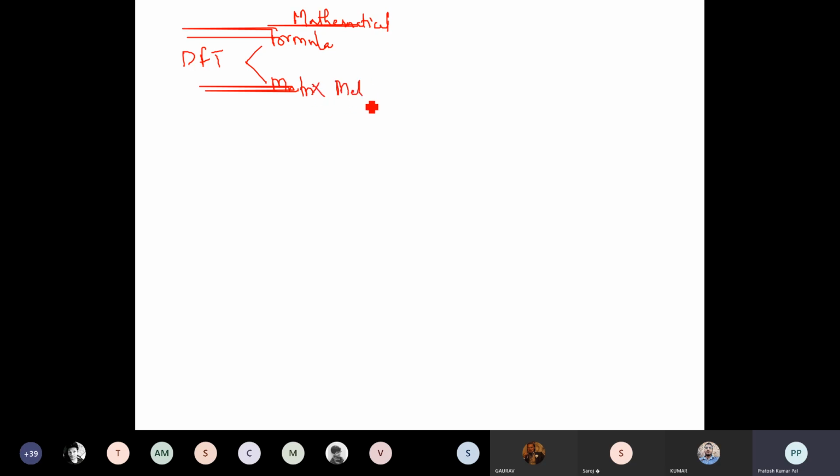We need to calculate the DFT and IDFT of some signals, based on the mathematical expression method and the matrix method. So you need to find out the DFT by using the mathematical formula and matrix methods.